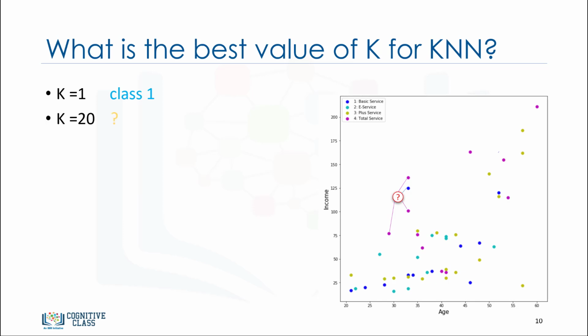Now, on the opposite side of the spectrum, if we choose a very high value of k, such as k equals 20, then the model becomes overly generalized. So, how can we find the best value for k? The general solution is to reserve a part of your data for testing the accuracy of the model.